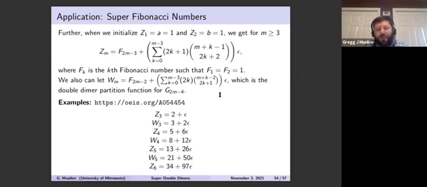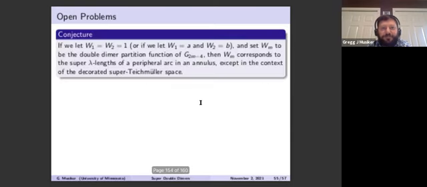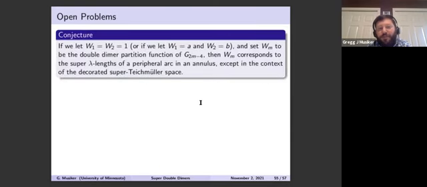And indeed, that'll give you the odd index Fibonacci numbers instead, plus these extra coefficients involving epsilon. And altogether, this gives you a certain nice sequence in the OEIS. So open problems are, can we get super lambda length interpretations of these other double dimer partition functions?